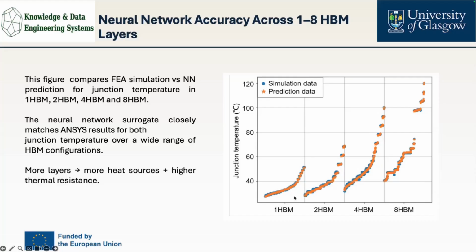As we can see here, the prediction by the neural network and the simulation are almost the same, and the model can predict temperature and position with high accuracy, similar to what we can get from the simulation, with a faster implementation.